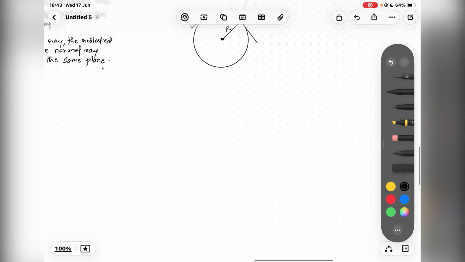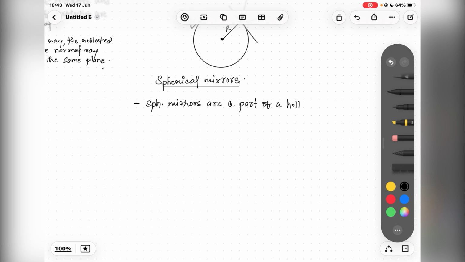Now let's come to spherical mirrors. Spherical mirrors are a part of a hollow sphere.